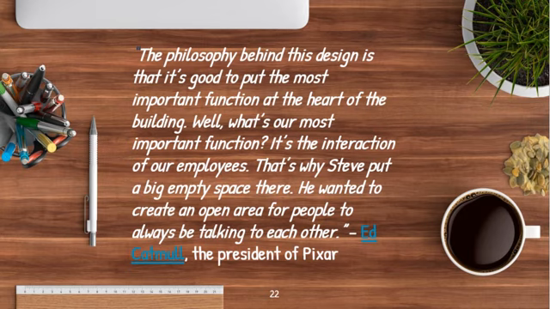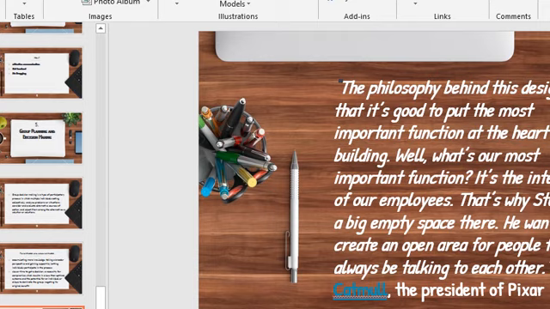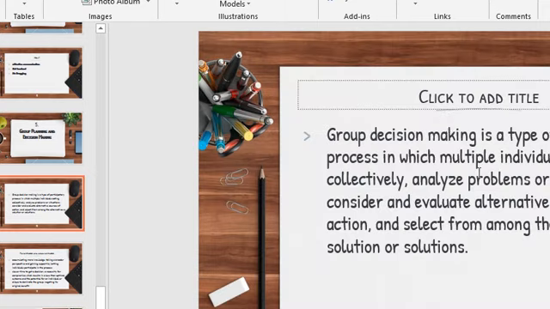So at the end of this planning, they realized that this Steve Jobs had a very great idea about identifying the most important function of a team, which is the interaction of the people. That's why we're trying to talk about this one, because the interaction of the people is really very important.